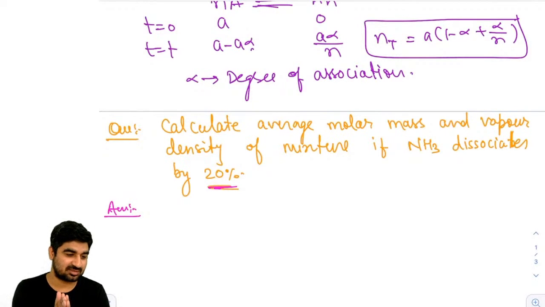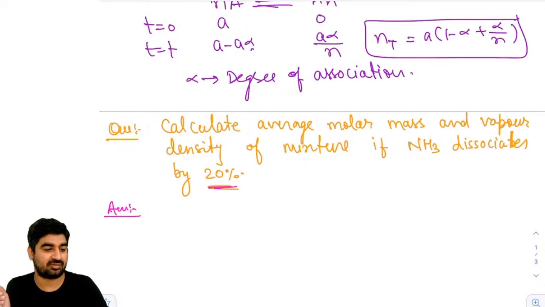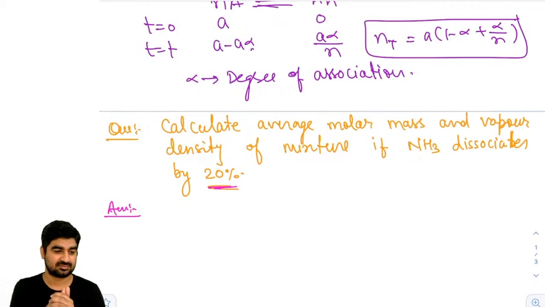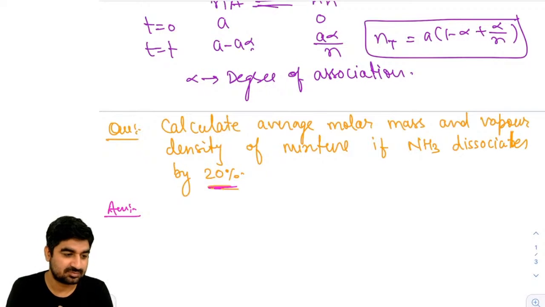So now solve it. Yes, Kavya, Priya, Triveni, everyone. Solve it now.